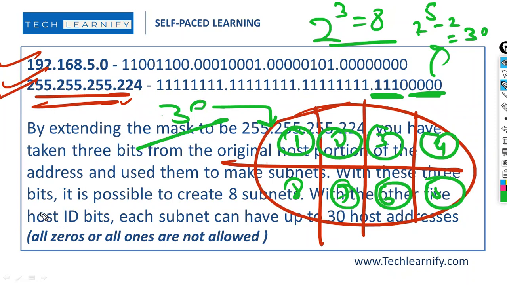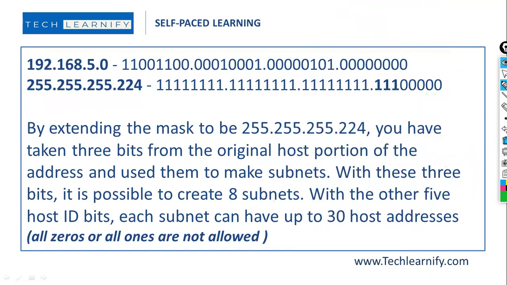So I've done these two conclusions. First, the network is divided into 8 subnets, and each subnet would have 30 valid IPs. And how can we compute the range of IPs?